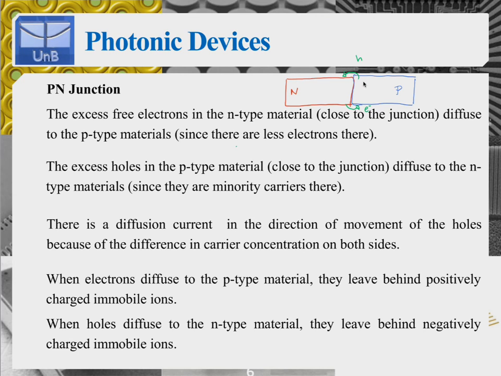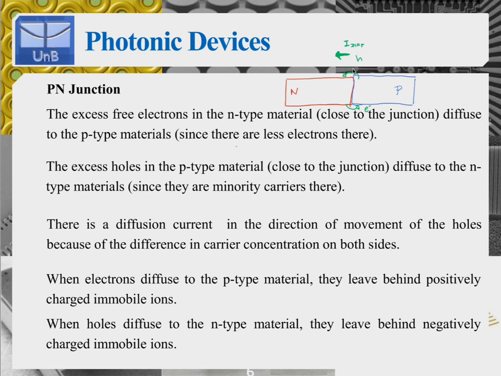This charge carrier movement means that there will be a current, right? And by convention, the electric current is associated with the movement of positive carriers. So you have a diffusion current in the direction of movement of holes. So we can write I diffusion, which is associated with these diffusion movements.